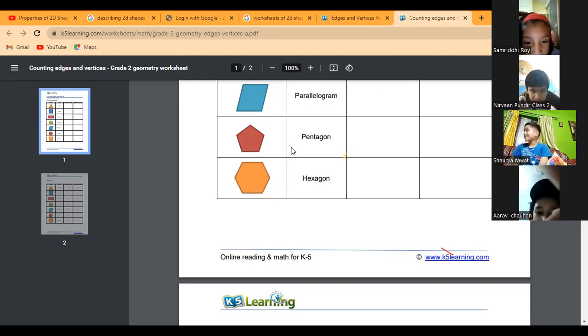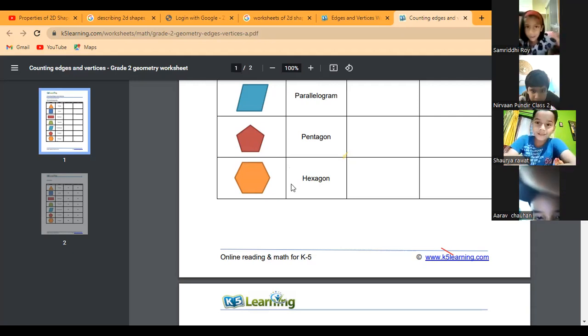Now is the turn of Samriddhi. How many sides are there in a pentagon? 5. Very good. How many corners? 5. Very good. Now is the turn of Shaurya. Shaurya, tell me, hexagon. Count it.